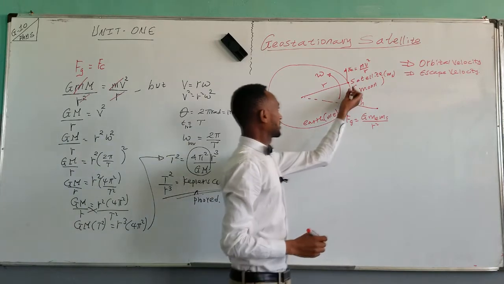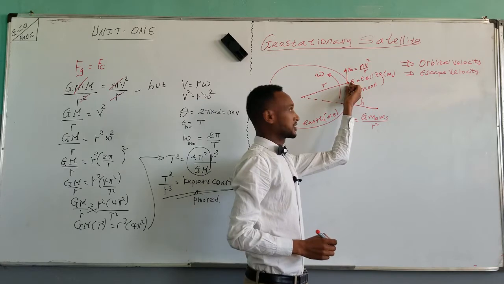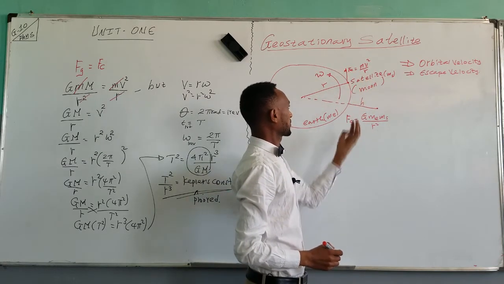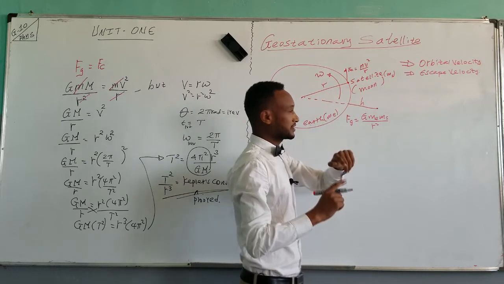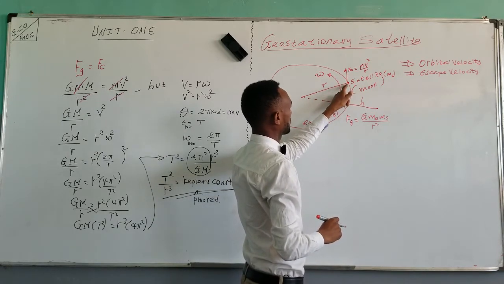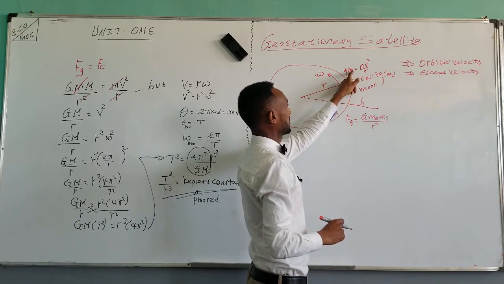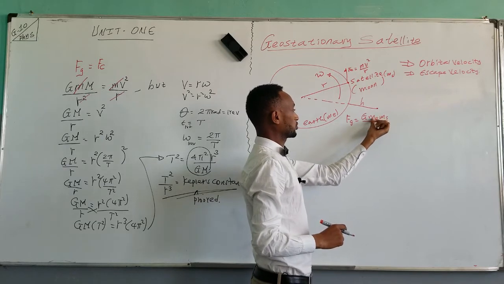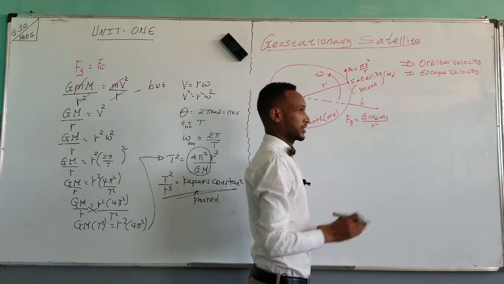At this point, our orbital velocity is the velocity by which the satellite can be moving around this orbit, around the Sun. In that case, at the focal point, the centripetal force and the force between the Earth and the satellite are the same.